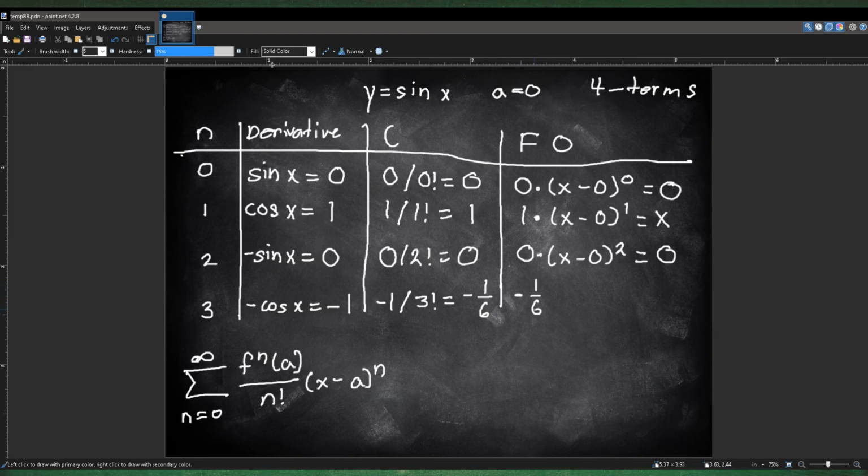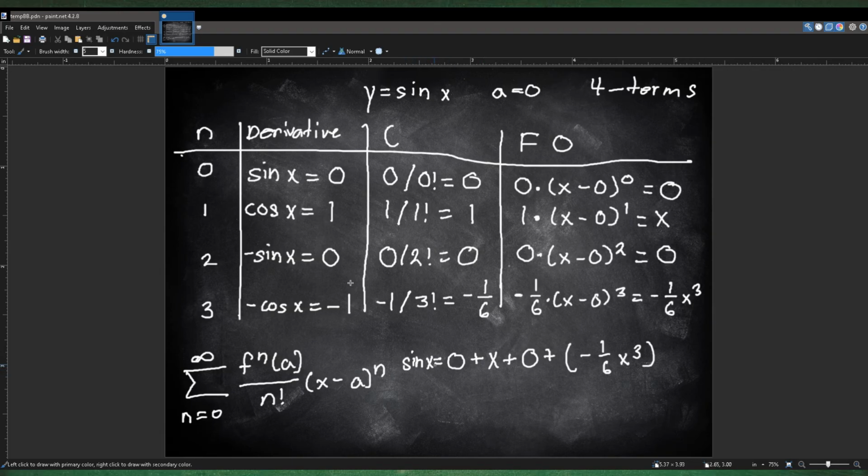So negative 1/6 times (x minus 0) to the power of 3 is equal to negative 1/6 x to the power of 3. So these are our first 4 terms: 0 plus x plus 0 plus negative 1/6 x to the power of 3. And that is the first 4 terms of the Taylor polynomial of sine of x.